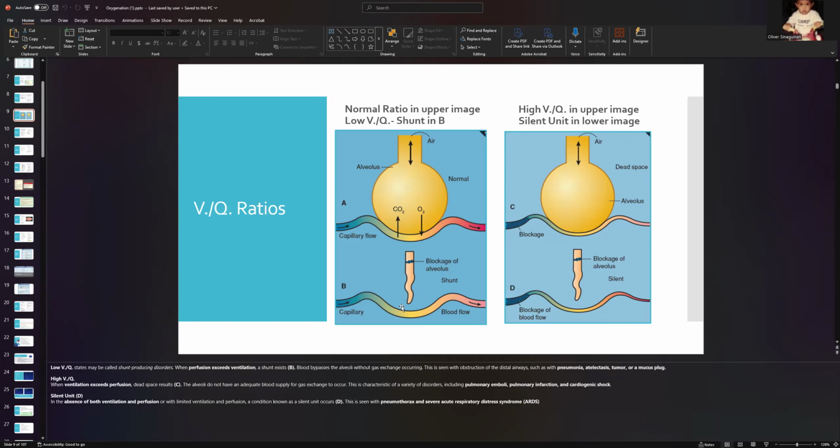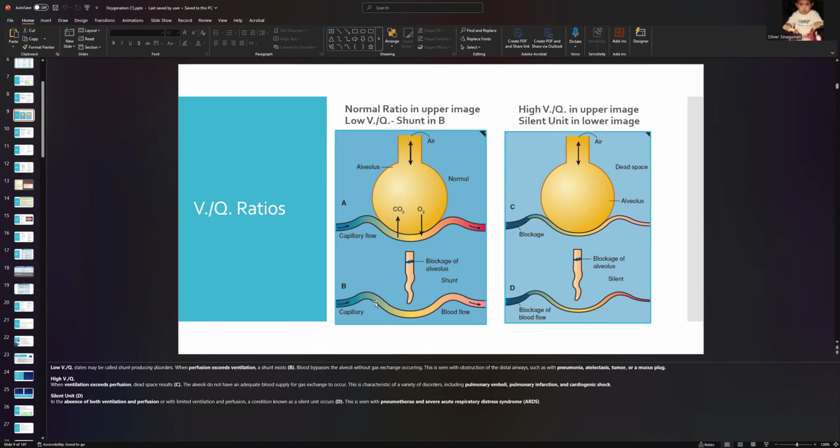In a shunt or in a low VQ ratio, there is low ventilation. The ventilation is low, meaning the gas part is missing. There's no gas reaching the blood capillaries as it normally would. For the blood to drop off CO2, it has to pick up O2, but there's nothing here.